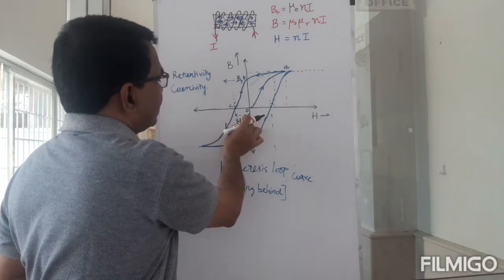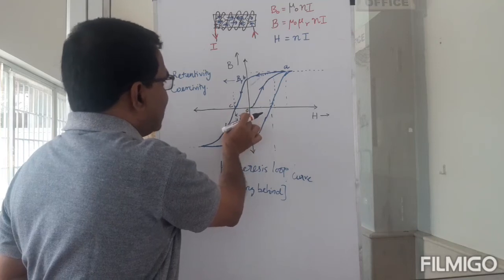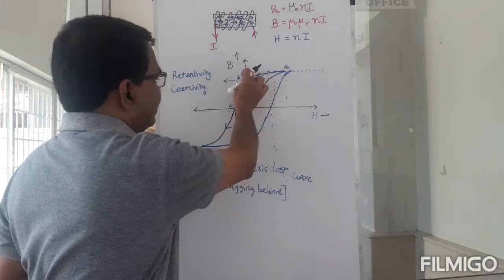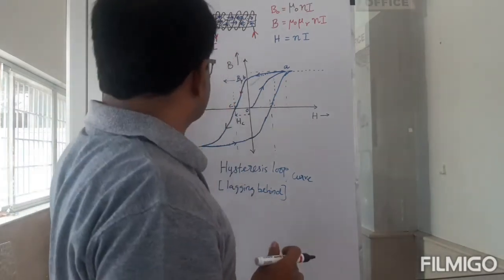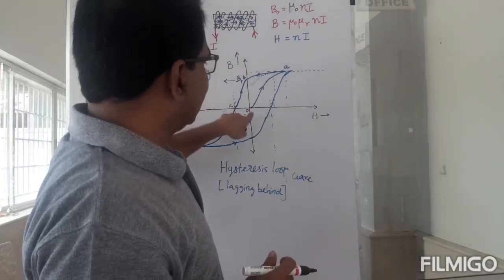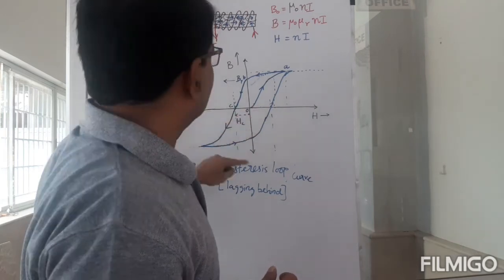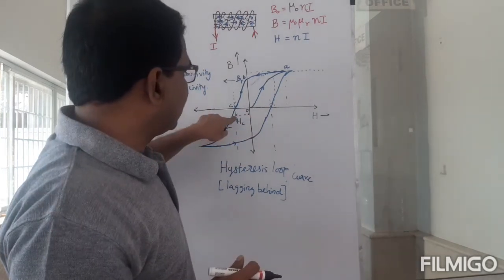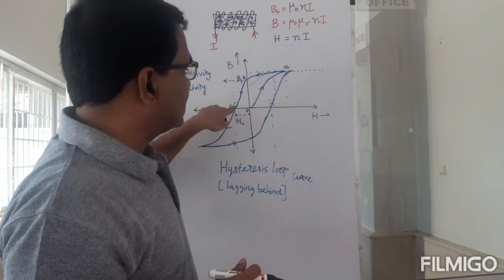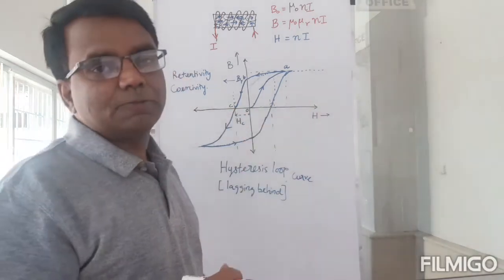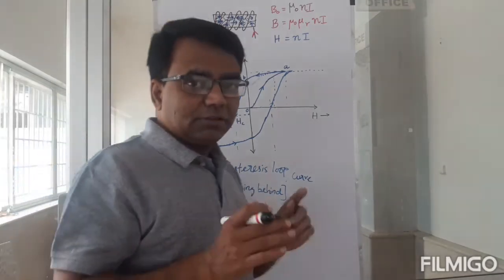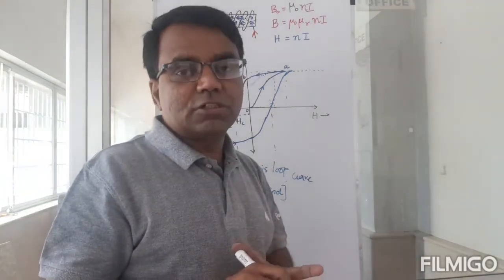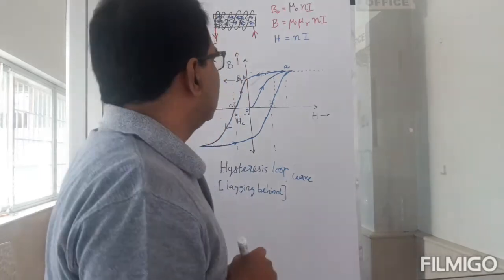HC is the value of H that makes the magnetic field become 0. Retentivity is the value of B when H is 0, and coercivity is the value of H when B is 0, once it is magnetized. These are two terms that you need to know.